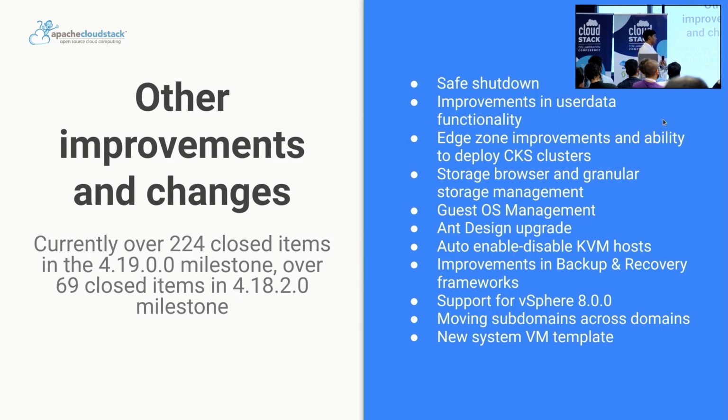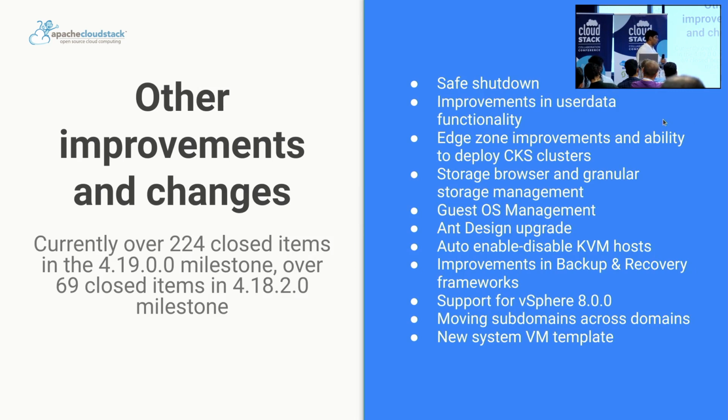Then during this phase, we have upgraded the Ant Design library, so it should be, I guess, more robust now. We have added auto-enable and disable of KVM hosts based on their health check parameters.